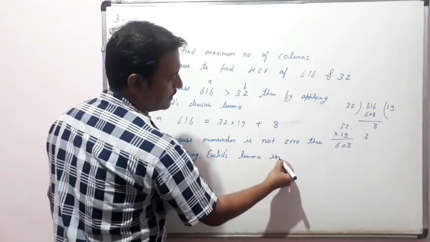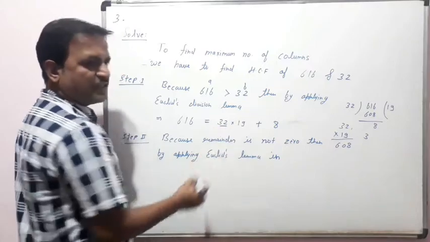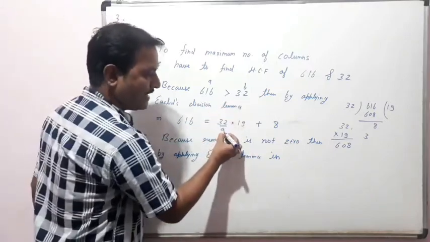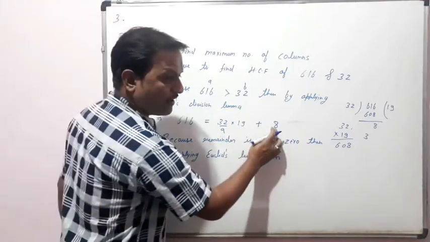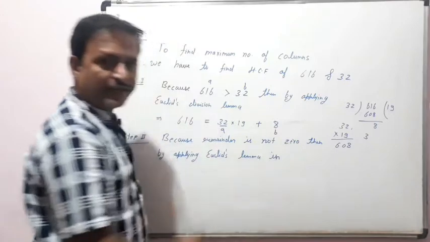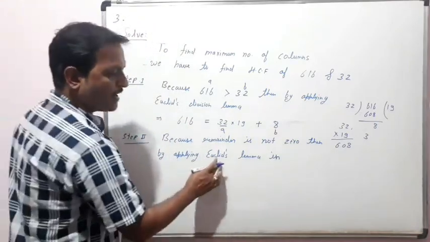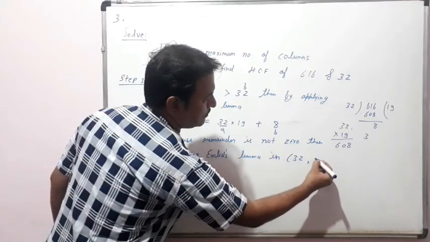So now 32, that means B of your first step will act as A this time in the second step, and your remainder will act as B in the second step. So now we apply Euclid's lemma in 32 and 8.